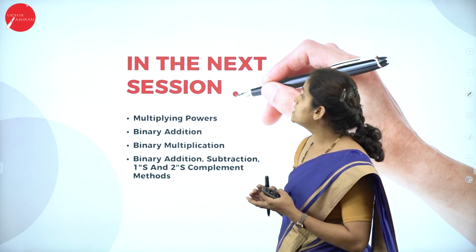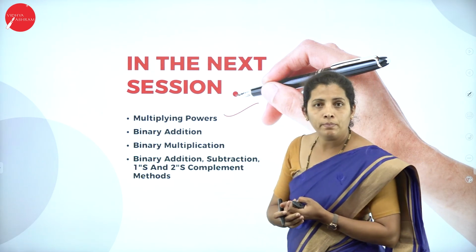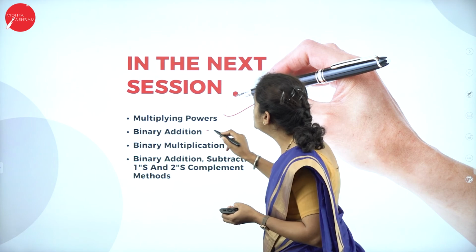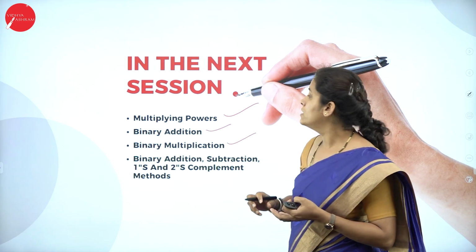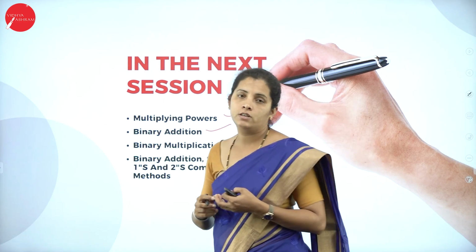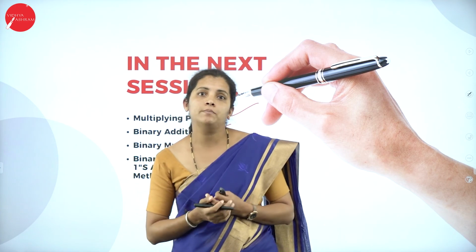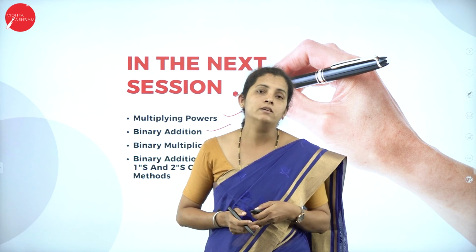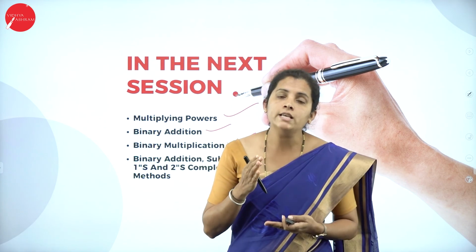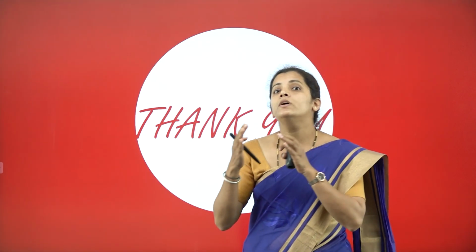So in the next class, I'm going to deal with multiplying powers. Then I'm going to discuss binary addition, binary multiplication, binary subtraction and binary division. At the same time, I'm going to discuss ones complement and twos complement method. So in today's session, we studied the different types of conversion from one system to another.